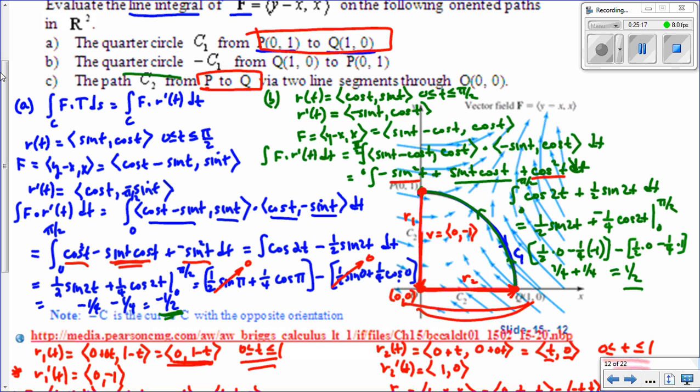All it matters is the starting and ending points of that vector field. So that's just special cases of the vector field. But in this case, this is that type of vector field, and we do have the same value for the line integral of any path starting at P and ending at Q.